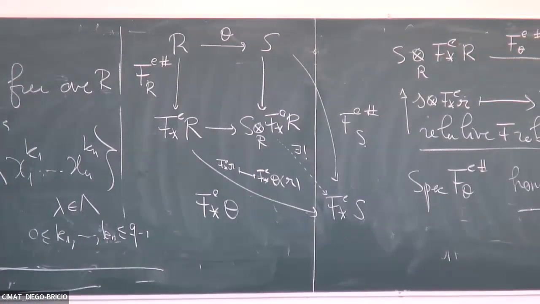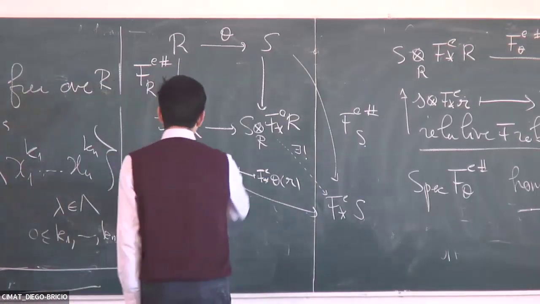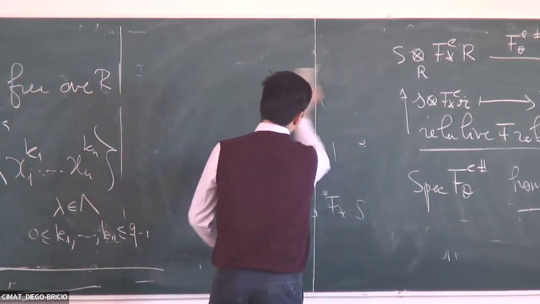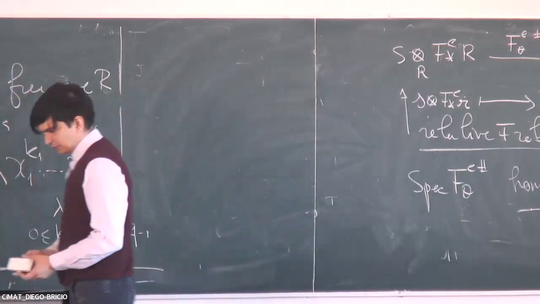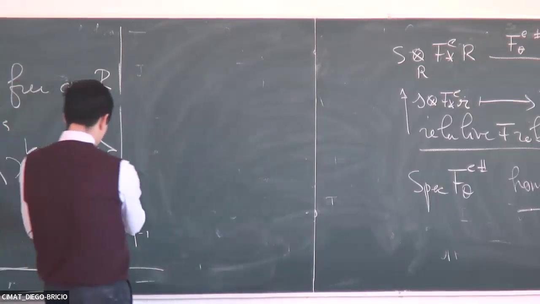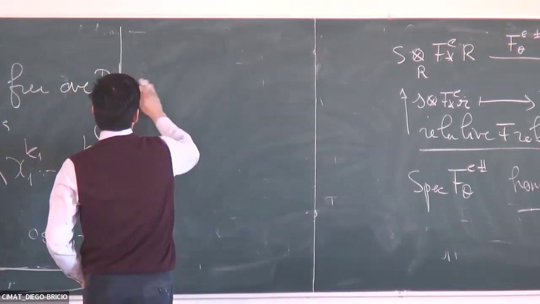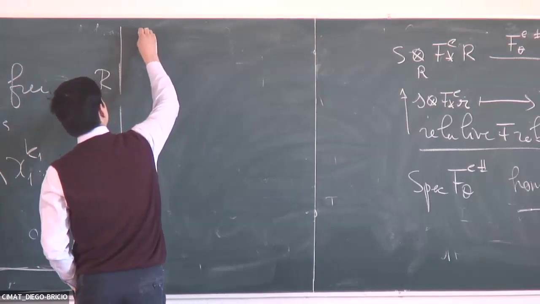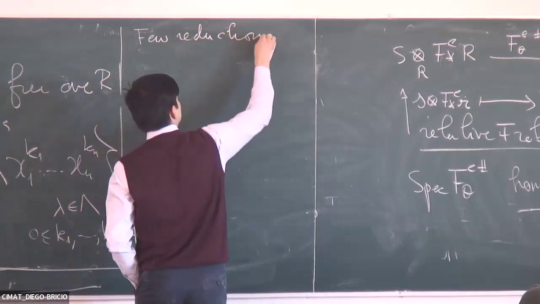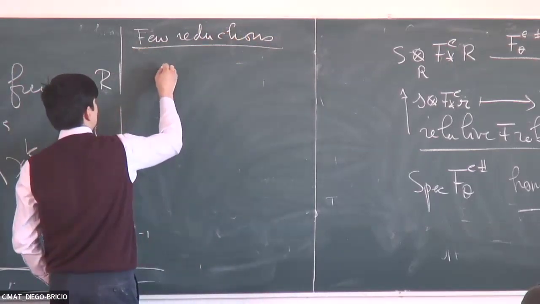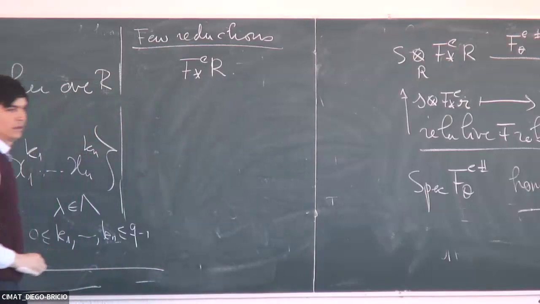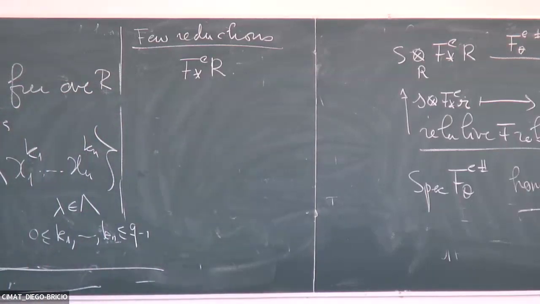Okay, so let's go to the proof of Kunz. There are a few reductions we need to do. So you look at this module, and suppose that you want to prove that it is flat.